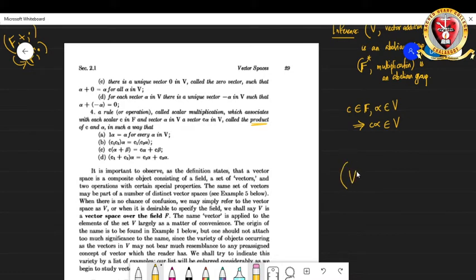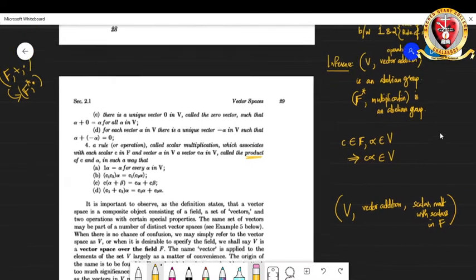And then, so together this V, how many things do we have? V, then you have this vector addition, and then you have this scalar multiplication with the scalars from F. So these are the three things which we get an inference from.